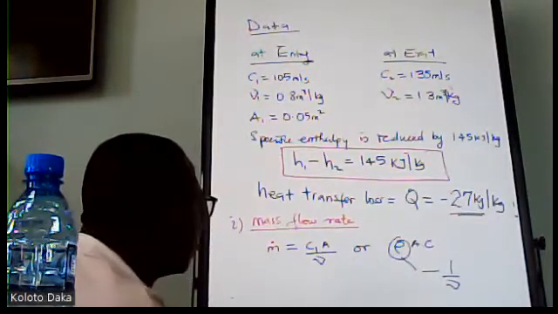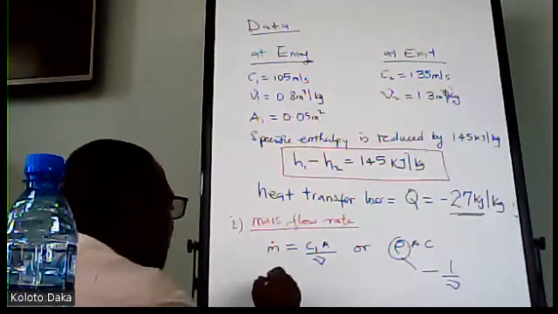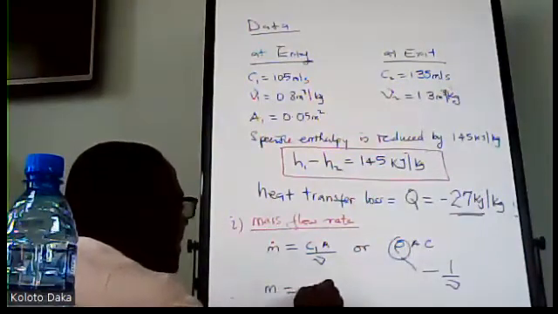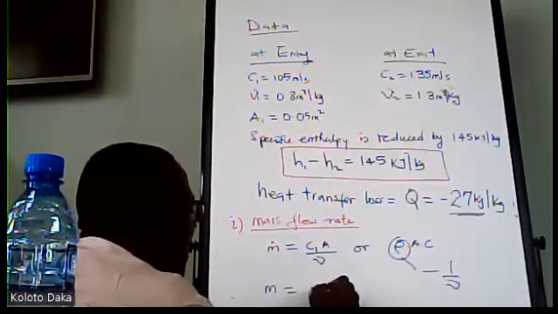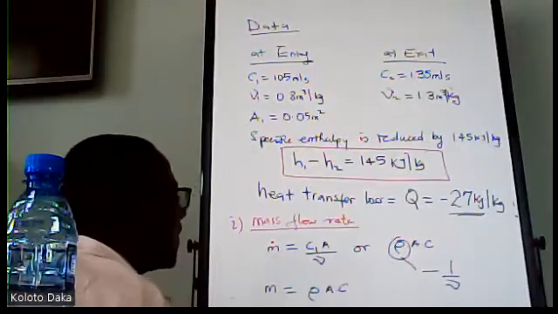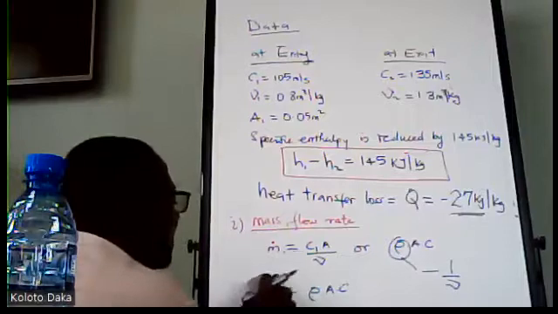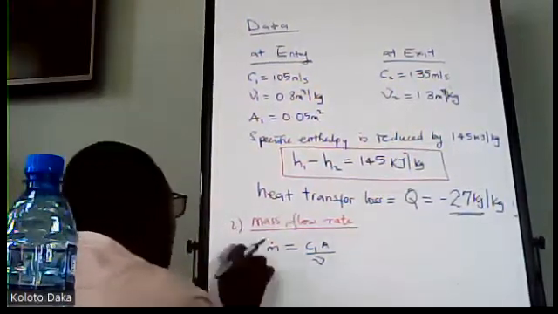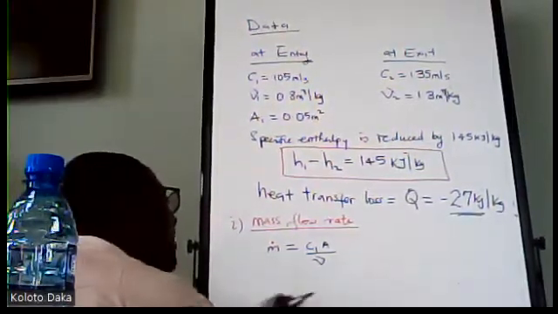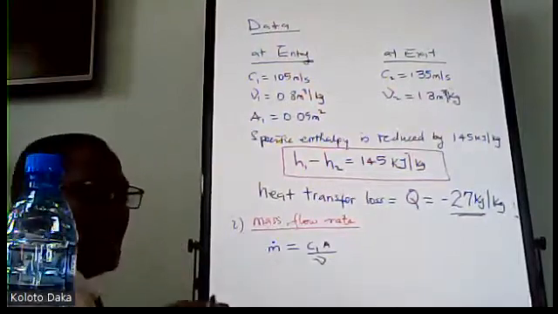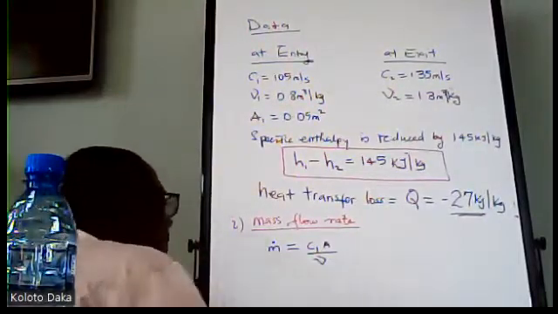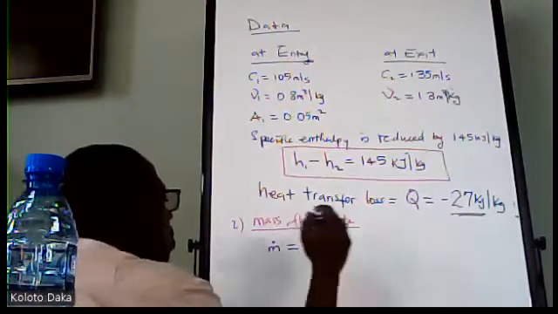In some books, mass flow rate will be given as density multiplied by area multiplied by velocity. But when you are given a specific volume, just use velocity multiplied by area multiplied by specific volume.